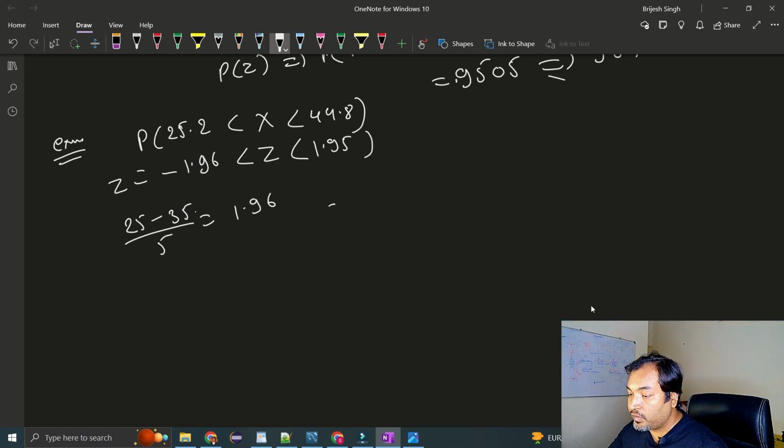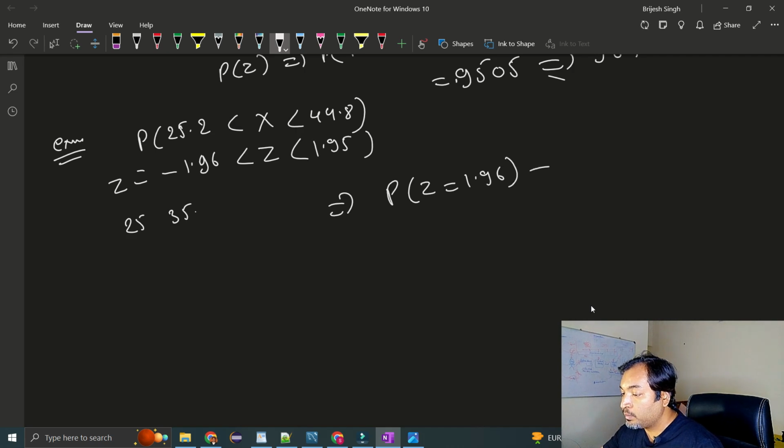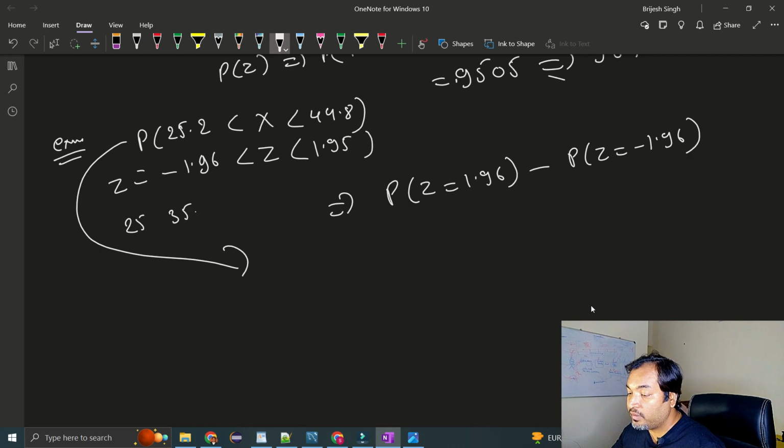So now we are going to calculate P of Z equal to 1.96 minus P of Z equal to minus 1.96, right? It will give you the probability for this range. So Z equal to 1.96, what would be the probability?